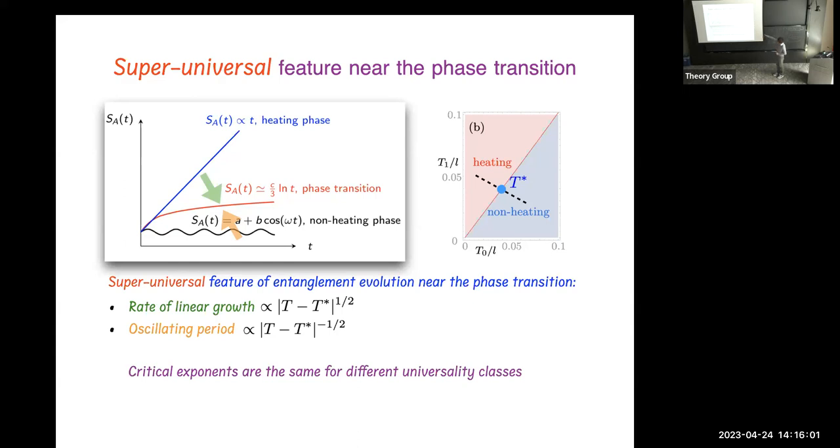Similarly, if we go from the non-heating phase to the phase transition, the oscillating period will diverge in this way. So the exponents here are really independent of what kind of CFT they are considering. So it's a super universal feature for the critical exponents. This is simply an observation.